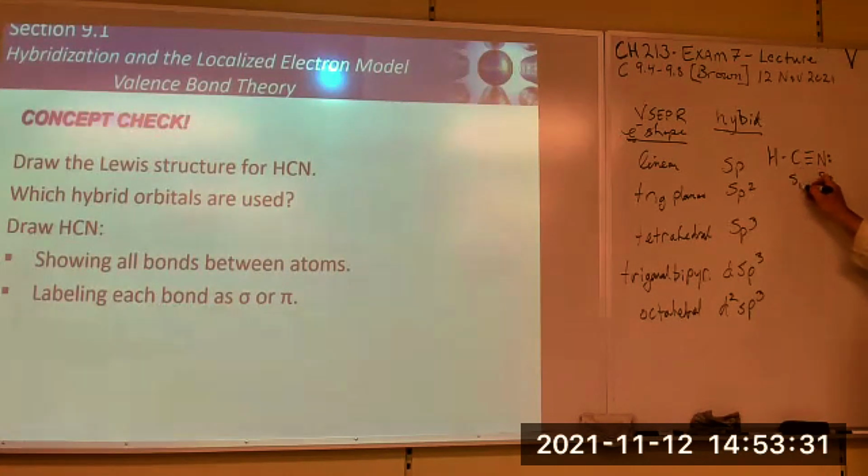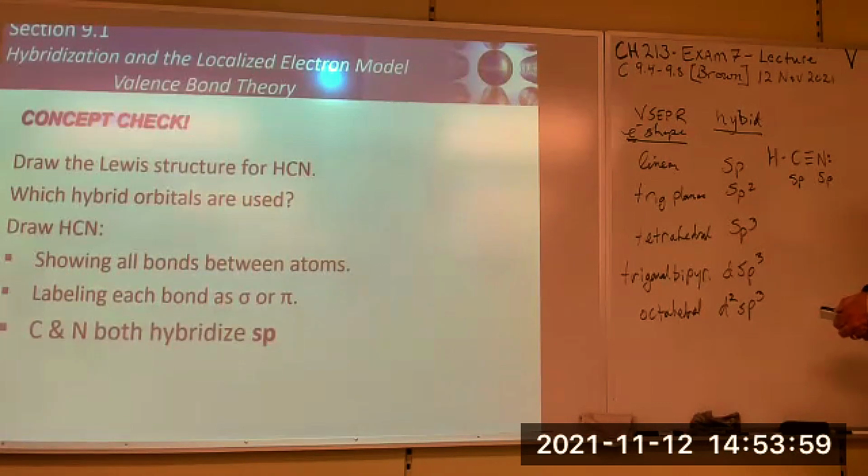And the carbon is sp hybridized to give us equivalent 2 sp orbitals. Do we need sp hybridization here? We should, because it's linear. Yeah, okay. I started to doubt myself for a moment.